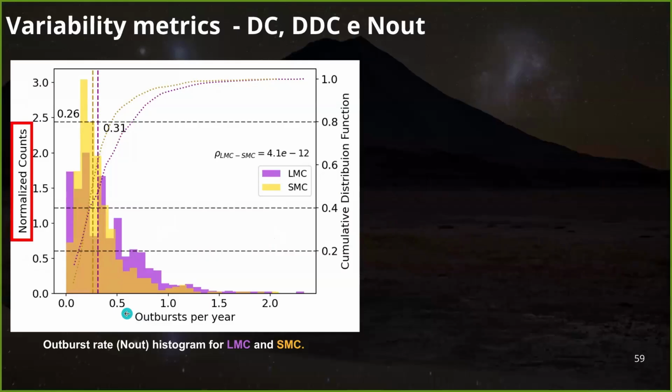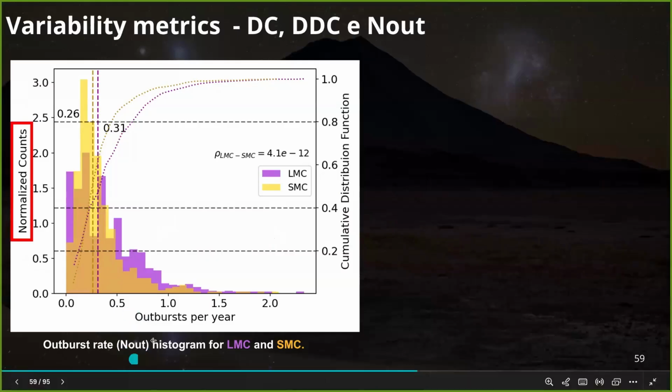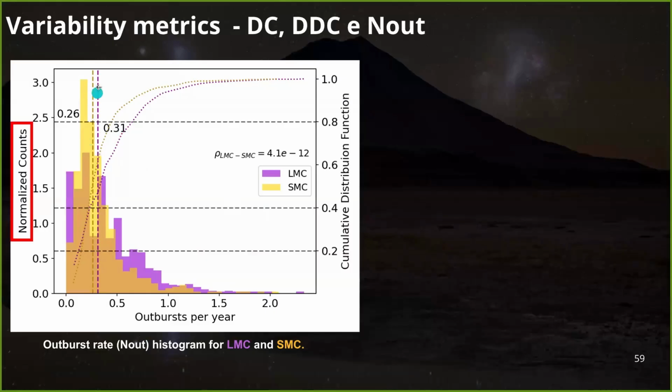If we, for instance, study the number of outbursts per year observed for those stars, the median value represented by those dashed lines here, we find similar numbers.